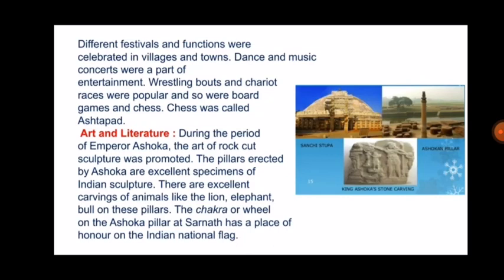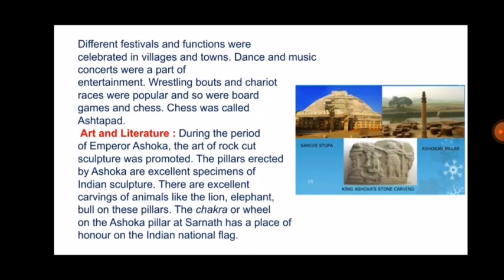During the period of Emperor Ashoka, the art of rock cut sculpture was promoted. You can see in the picture, rock cut sculptures were made. The pillars erected by Ashoka are excellent specimens of Indian sculpture.